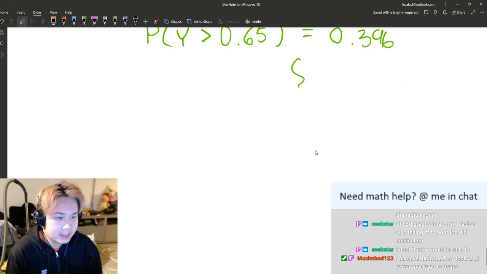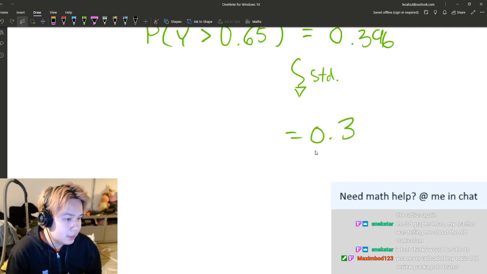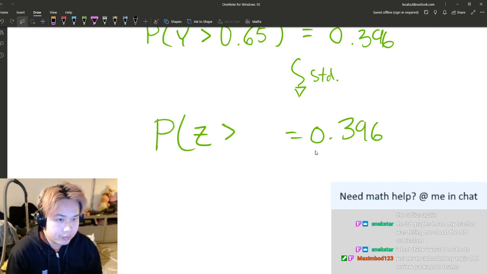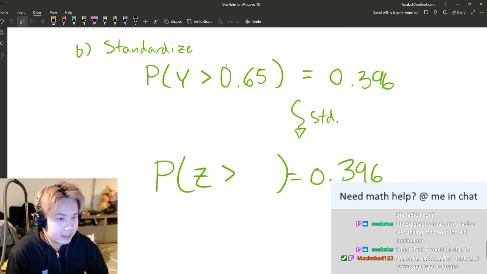And then if I standardize it, it's still the same probability. However, the boundary changes, and it changes to a z-score.